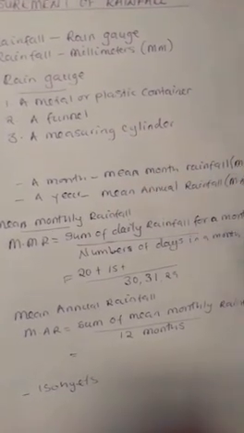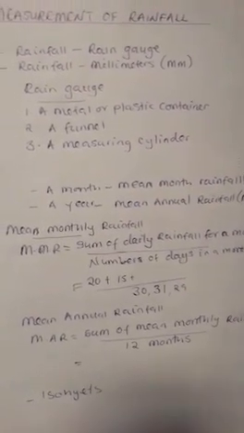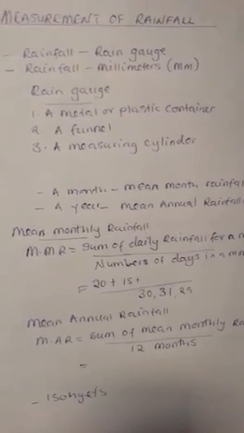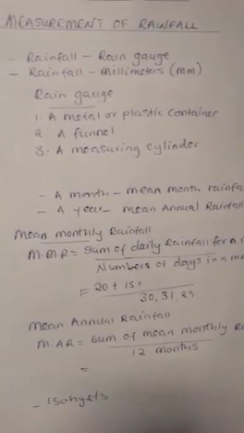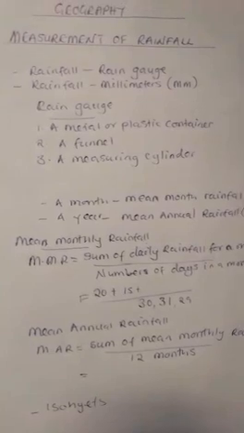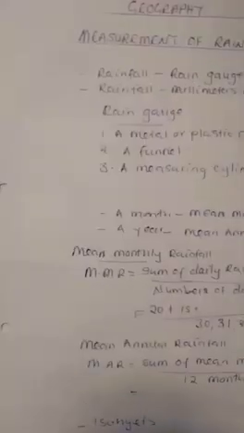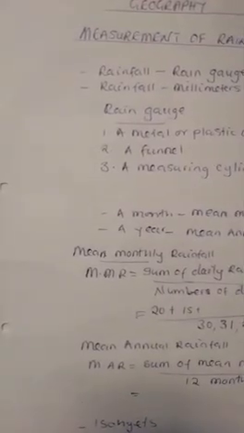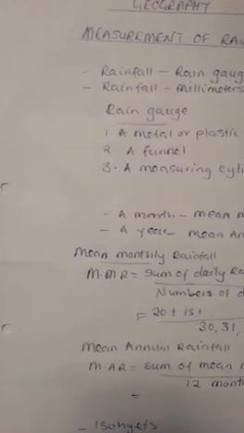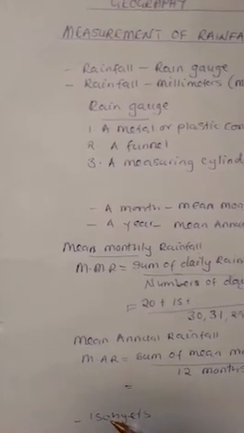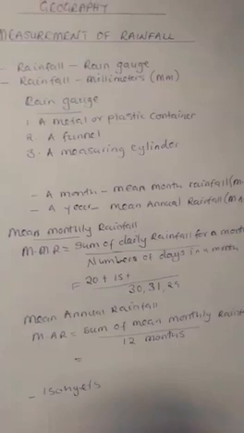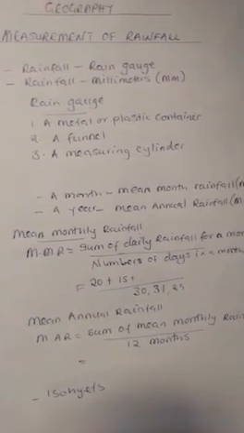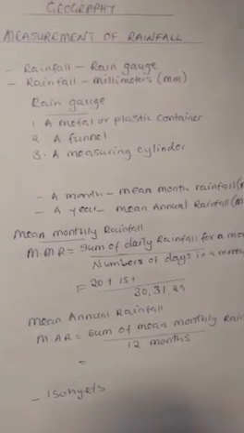To find it, you add the amount of rainfall received in each month of that year, then you divide by 12 months. On the weather maps, all places having the same quantity of rainfall are joined by a line called isohyets.